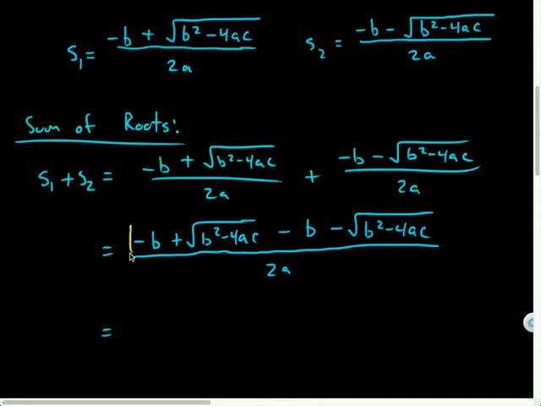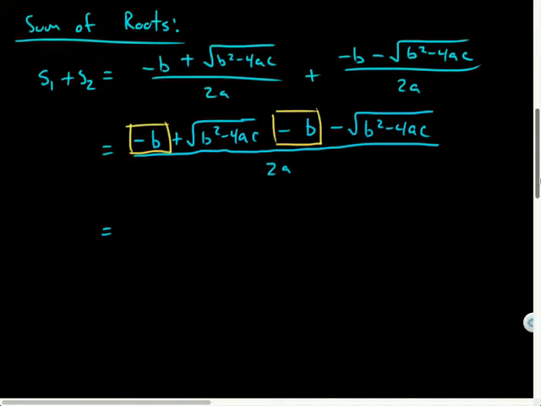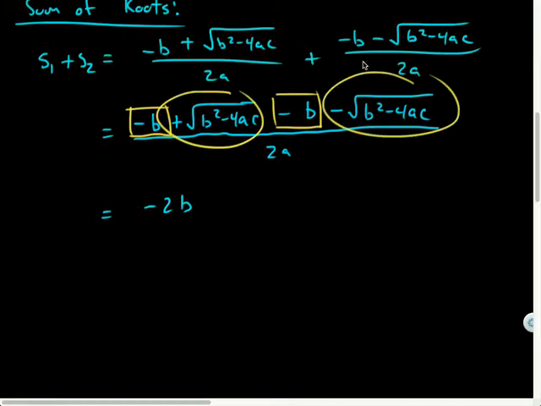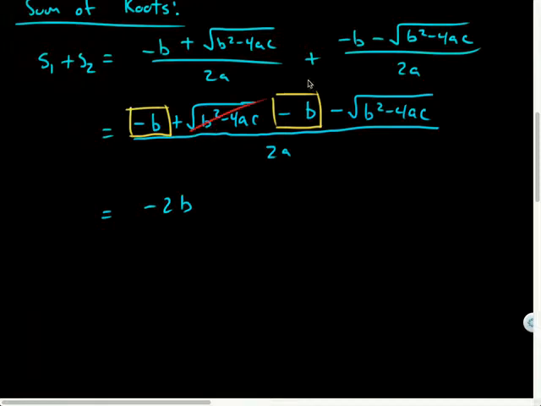Now, what happens when I simplify this? I can combine my like terms up top. How many b's do I have? Two of them, and they're negative. And what happens when I combine the square root terms, because those happen to be like terms? They completely cancel out. So all over 2a.